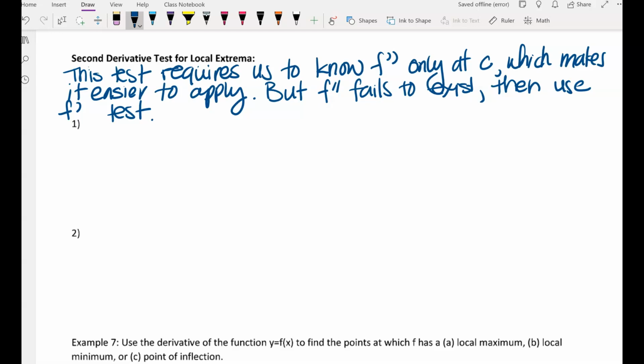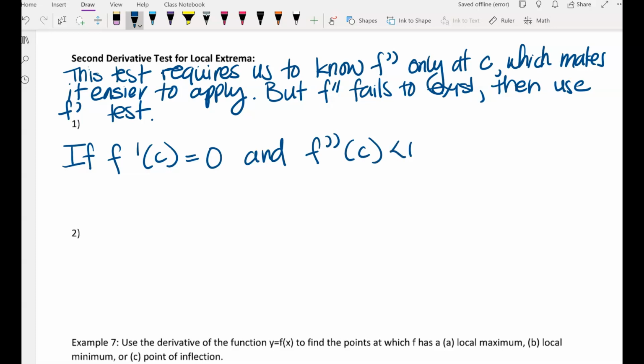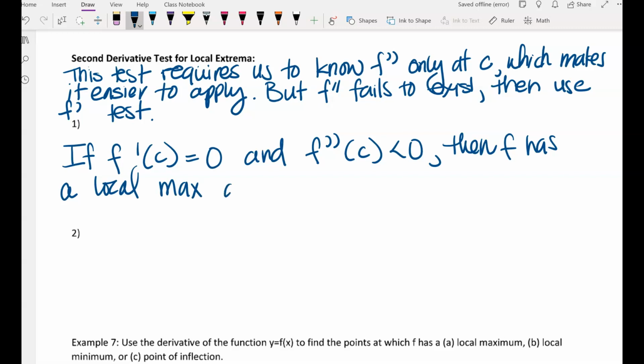Okay, so here's the second derivative test. If f prime of c equals 0 and f double prime at c is less than 0, then f has a local maximum at x equals c.